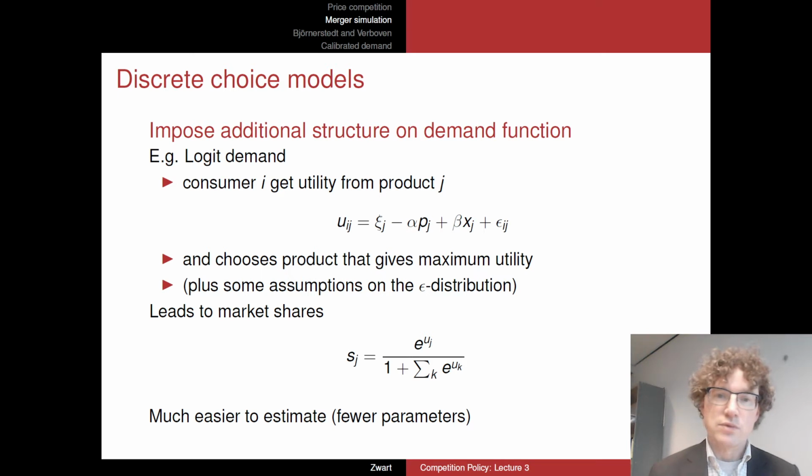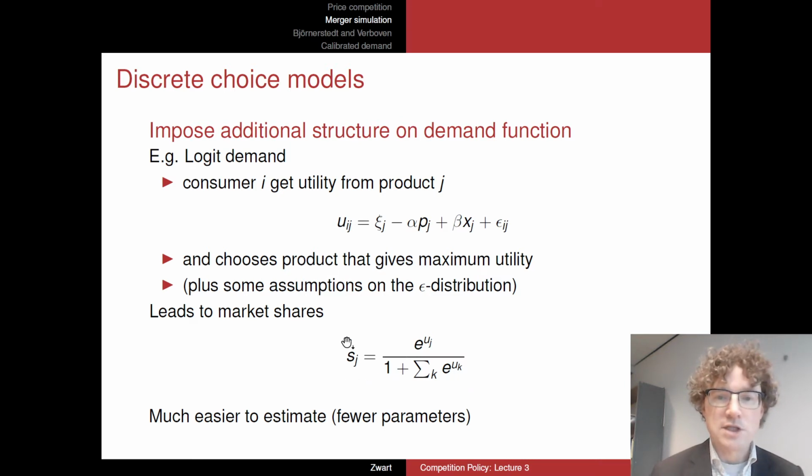Well, if you compute what the effects would be of their equilibrium choices, and if you in addition add some assumptions on the distribution of those error terms, particularly an extreme value type of distribution, what this leads to is that market shares will be described by this particular logit formula.